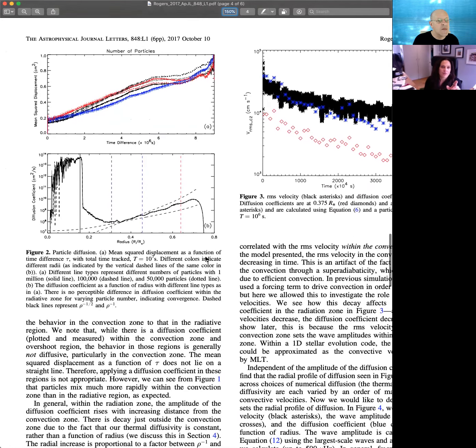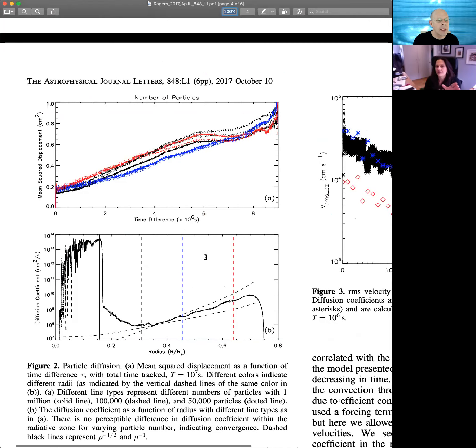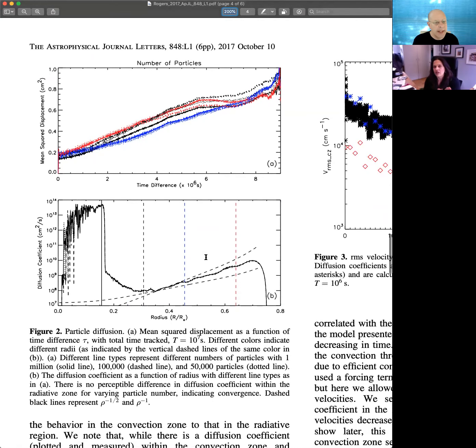So the top figure there is the mean squared displacement as a function of time differences. So what I should point out is that smaller time differences have way more data, because if you have 100 time steps, you can get a time difference of 10 in a lot of different manners: 90 minus 80, 80 minus 70, 11 minus 1, et cetera.